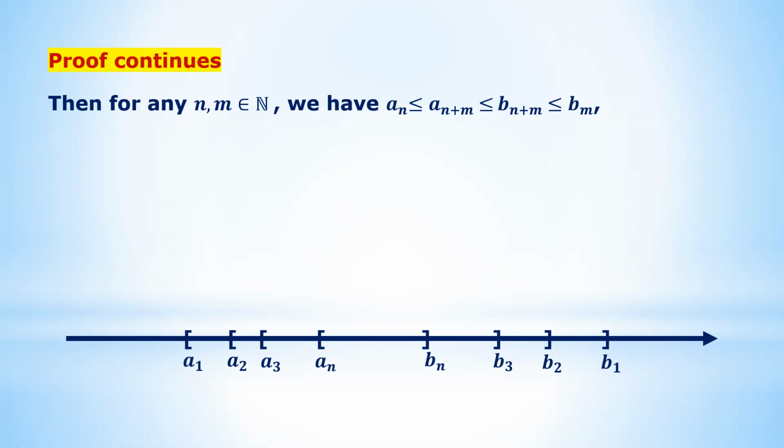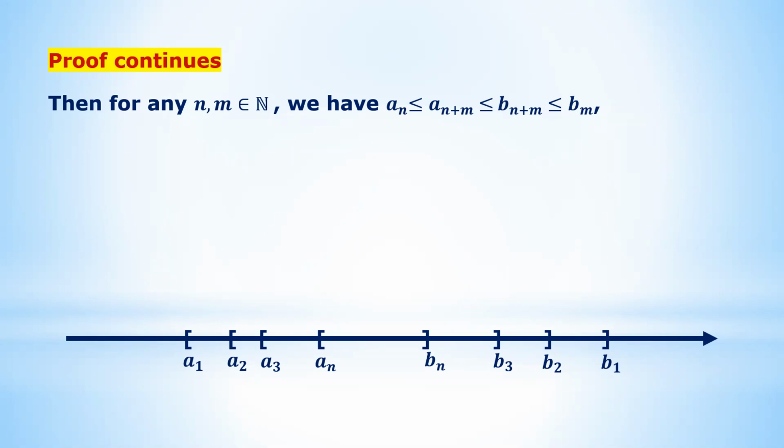The key thing we want to observe is the first term of this inequality and the last term. The middle terms, like a_{n+m} or b_{n+m}, are not important. However, when we get this inequality, we use them like a bridge.